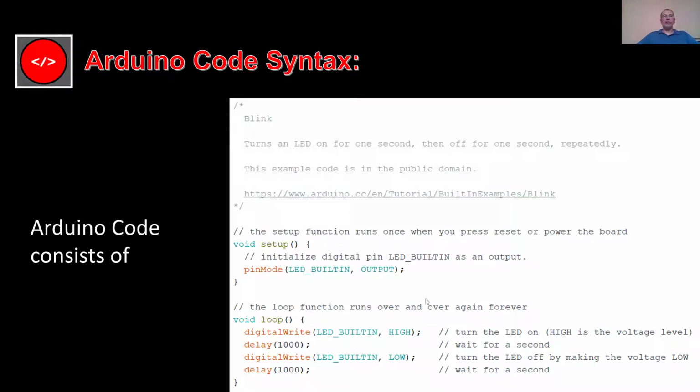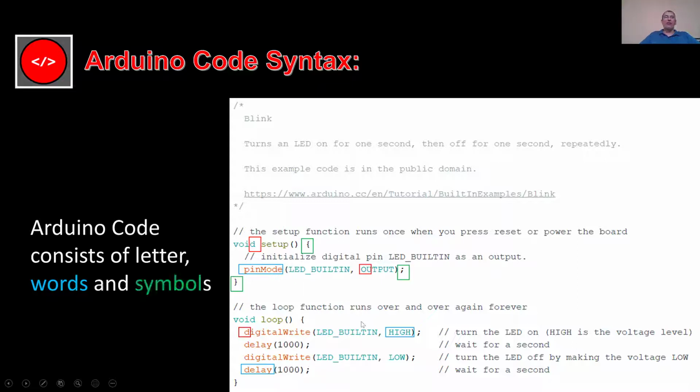Okay, so this is a little bit about syntax, about the code. Arduino code consists of letters, words like pinMode, delay, and symbols like semicolon, brackets, forward slash, asterisks.